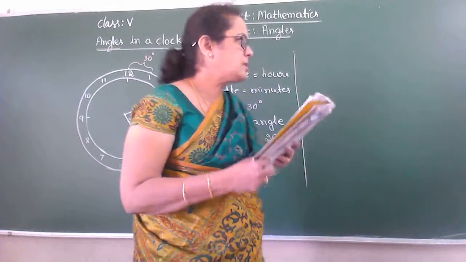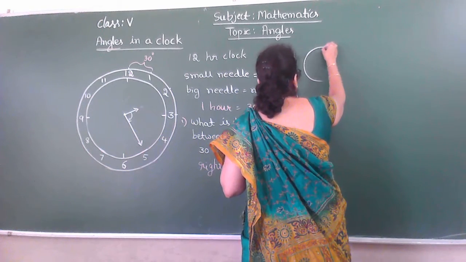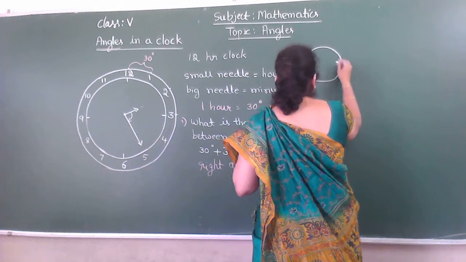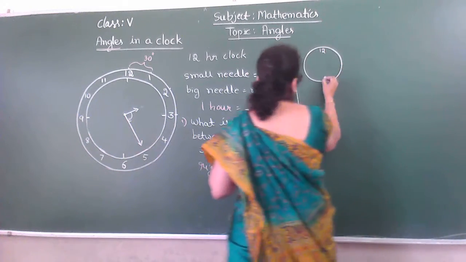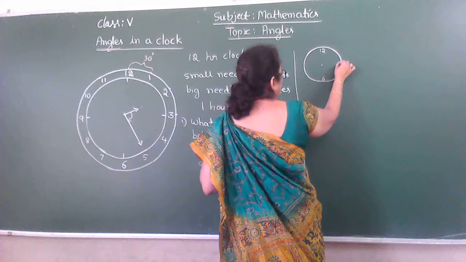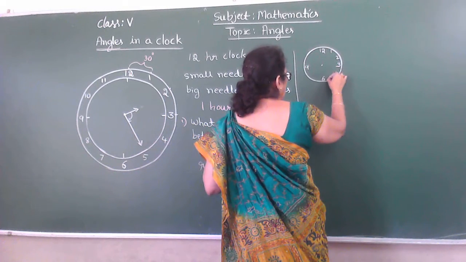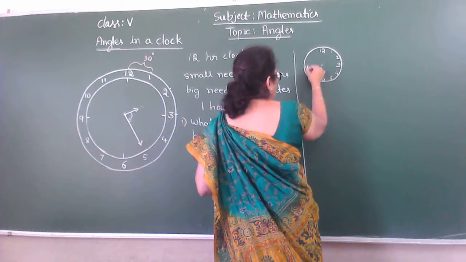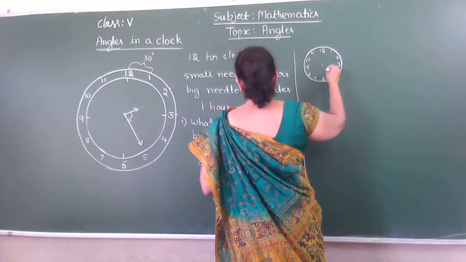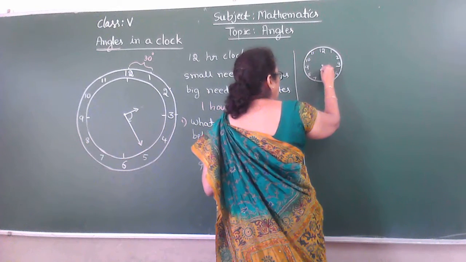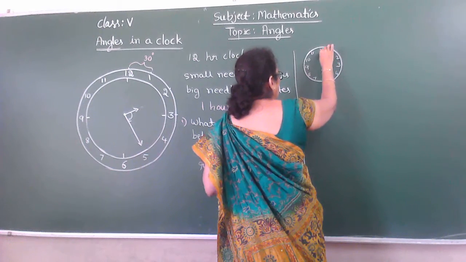Okay, just very small clocks I write now, just for mentioning the angles. Okay, very simple one. 12, 6, 3, 9, 1, 2, 4, 5, 7, 8, 10, 11. Okay, now small needle, okay, then big needle.